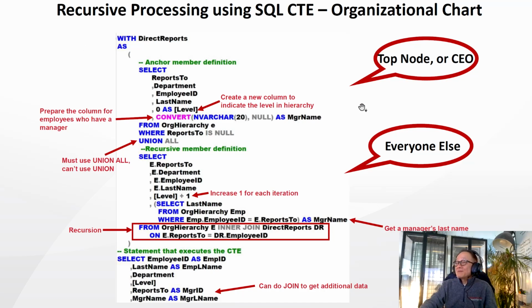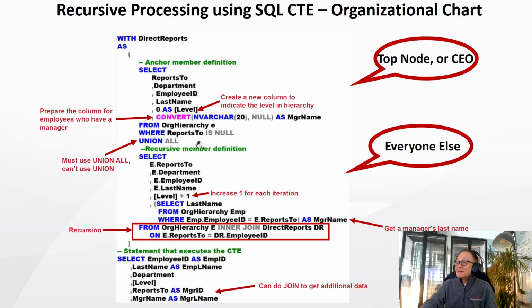Within the common table expression, when we create a hierarchy or an organizational chart, there are two data sets. In the first data set, we have the top node, or the CEO. In the second data set, we have everyone else, or all other employees.